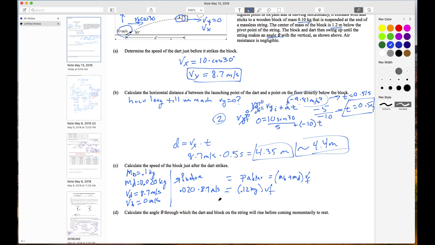I divide each side by 0.12 kilograms, and I get that VF is approximately equal to 1.4 meters per second.